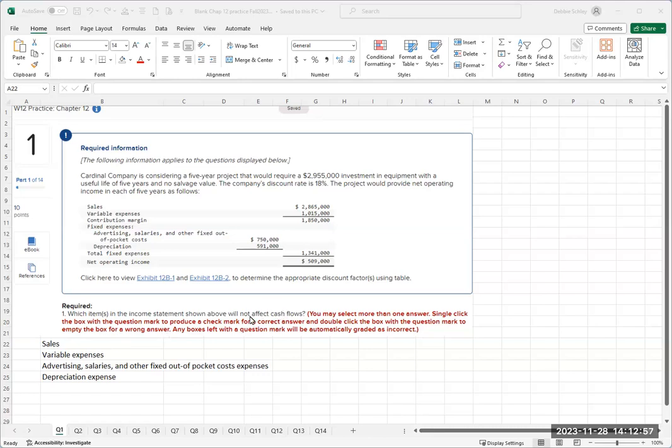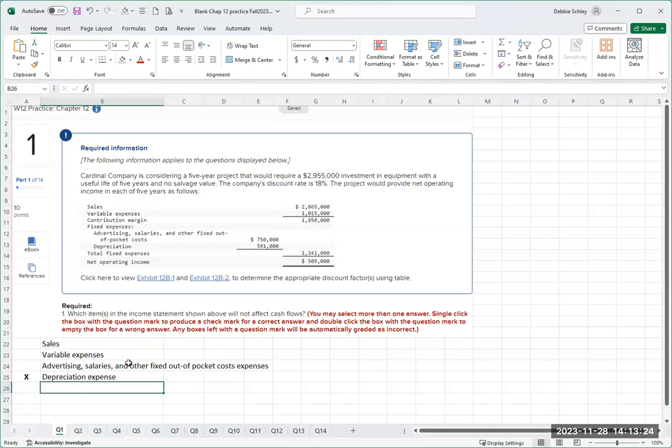They're asking which one does not affect cash flow. And if you'll remember, sales, that definitely has to do with money. Variable expenses also, we pay money. Advertising and out-of-pocket expenses, we pay out money. So those all affect cash flows. The depreciation expense is just on the books. It is not a cash flow.